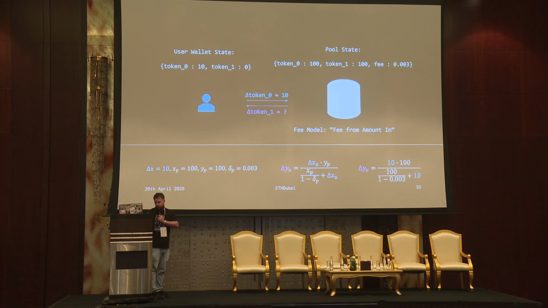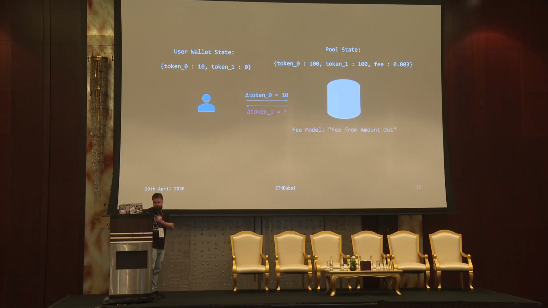So we have XP is equal to 100, YP is equal to 100, and the little Greek letter delta is equal to 0.003. And after we process that calculation, we can see exactly how many Y tokens, or token 1, the user is receiving in exchange from the liquidity pool for the 10 token zeros that they are providing.